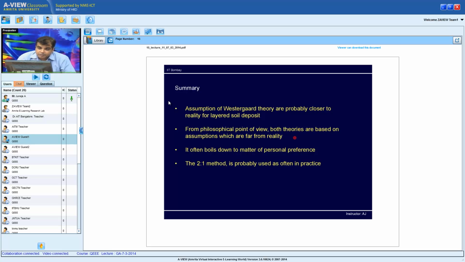We will probably do a superficial bit on this when we look at consolidation and shear strength. But bottom line is soils are not elastic unless you're dealing with overconsolidated or dense soils. So that's one aspect which is different. But it boils down to a matter of personal preference. What do you prefer? How do you want to use it? Towards the beginning I said the 2:1 method is probably the most commonly used.